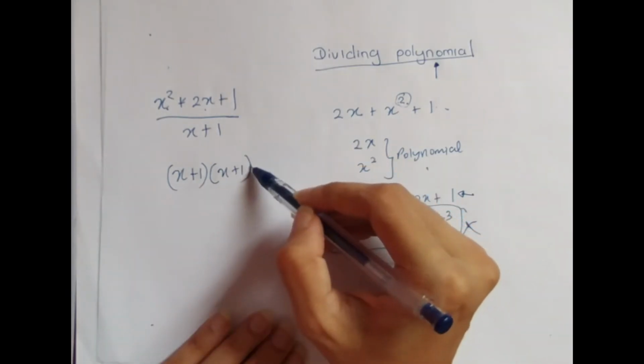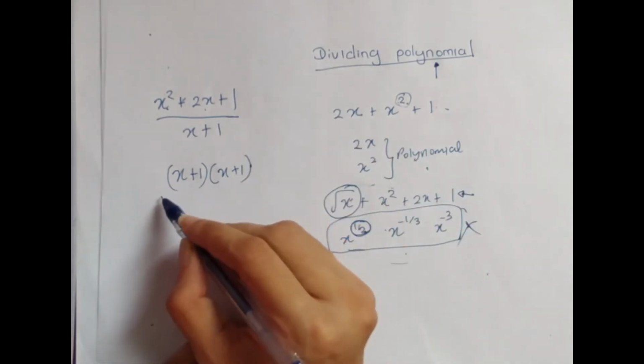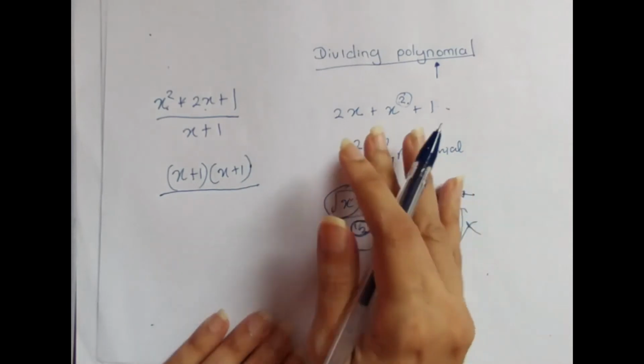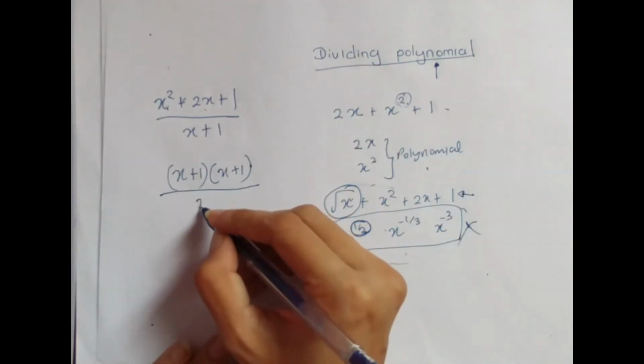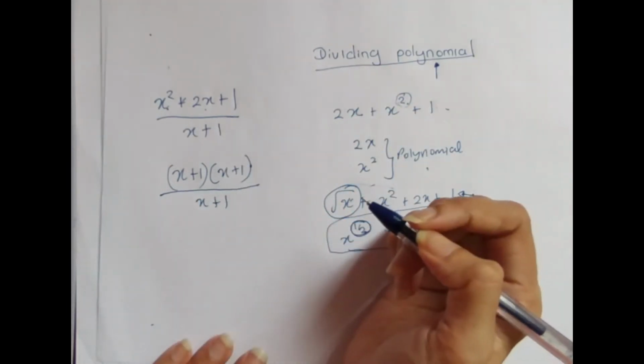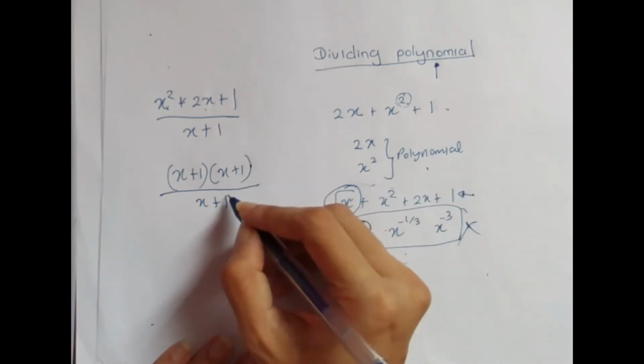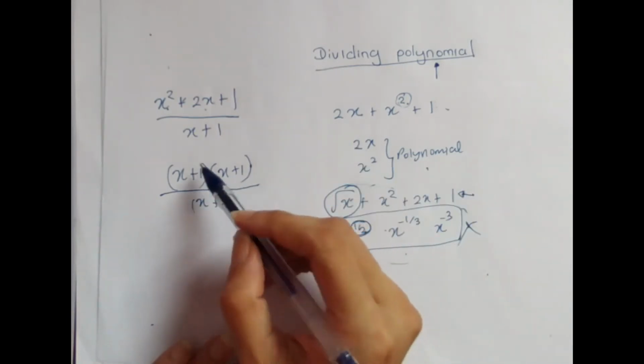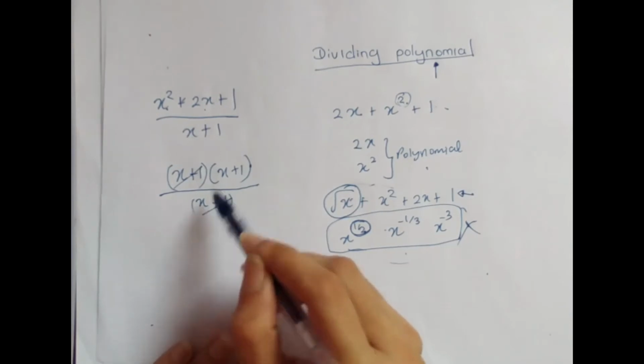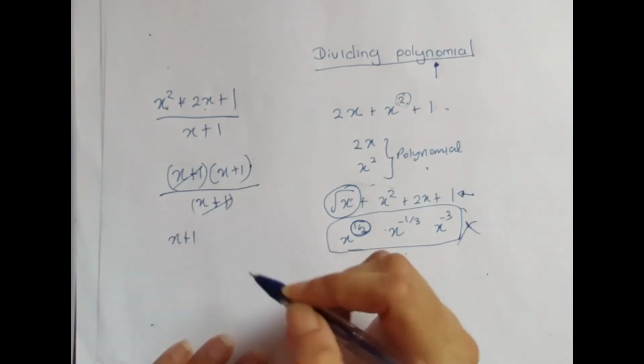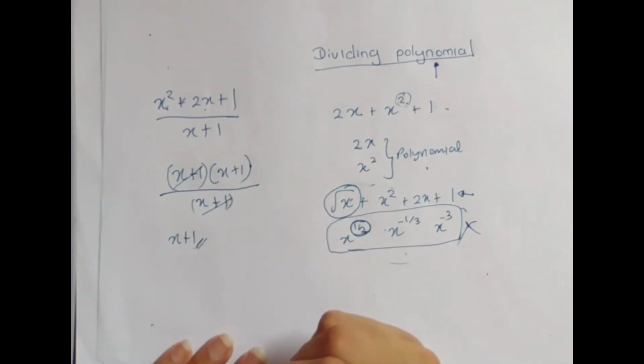You get this from factorization, which you have learnt in my previous videos. So dividing by x plus 1, if I cancel, the remaining is x plus 1. So the answer is x plus 1.